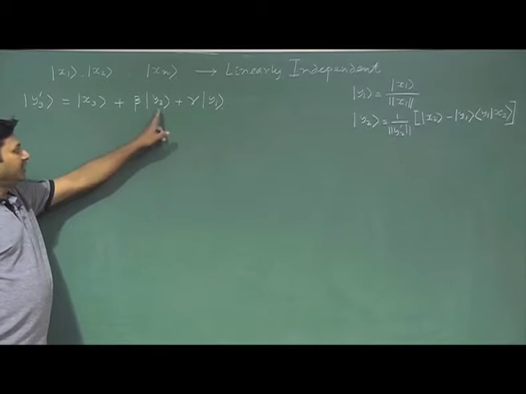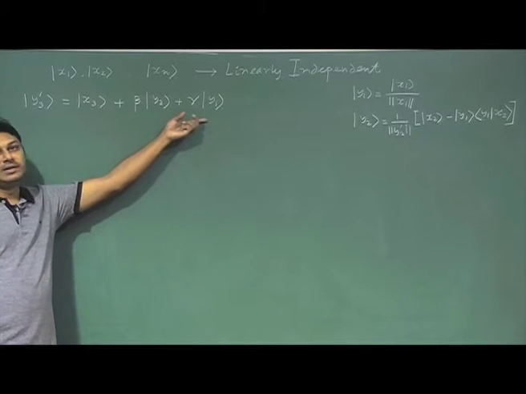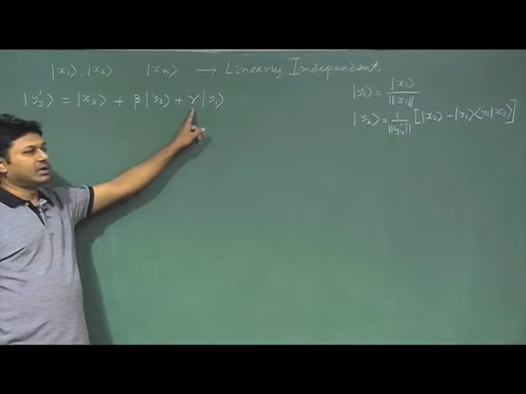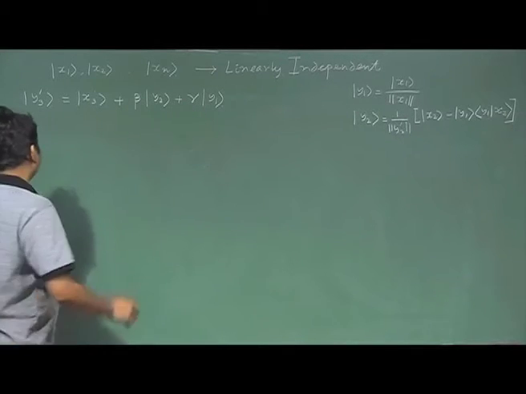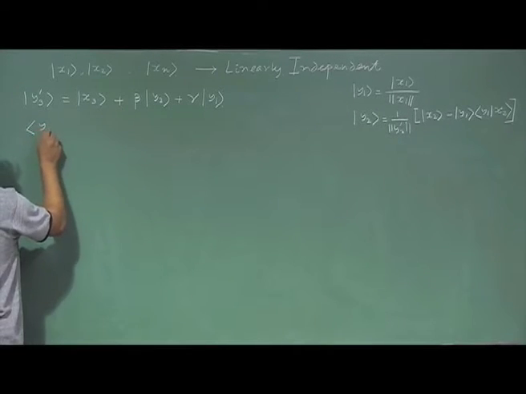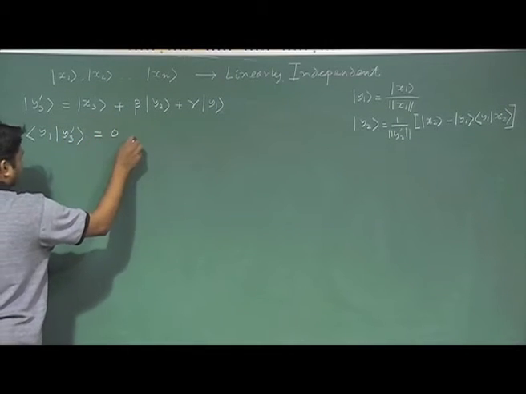And please note that when I am forming y3 prime, all the values here are known to me except beta and gamma, which I will try to find out by using orthonormality. The first thing is that I want this quantity to be 0.